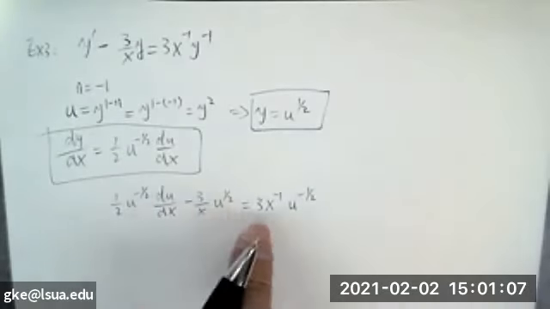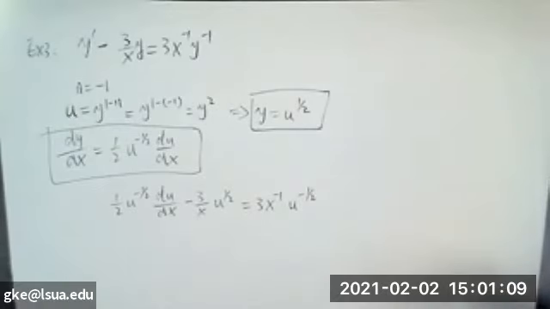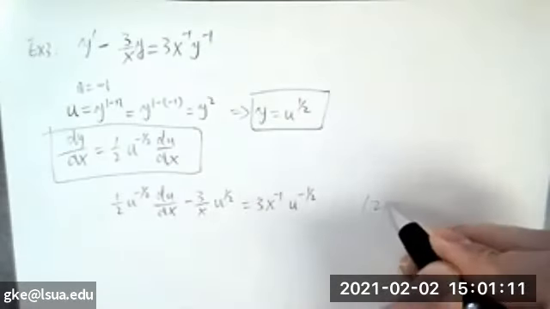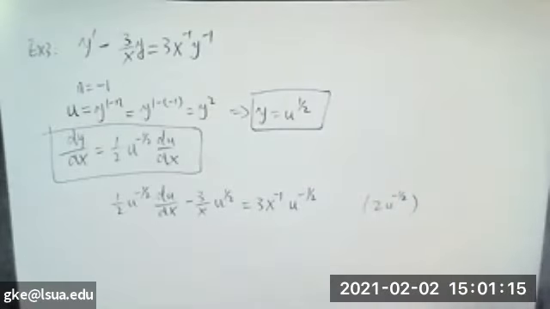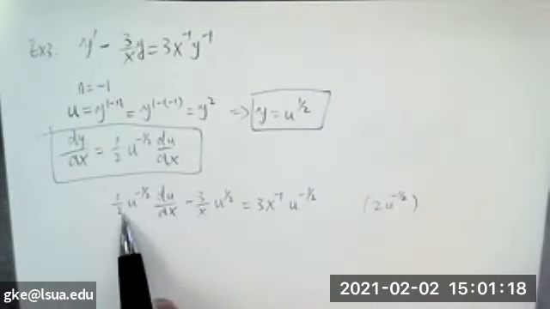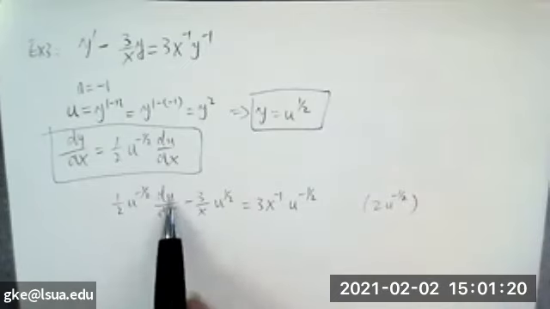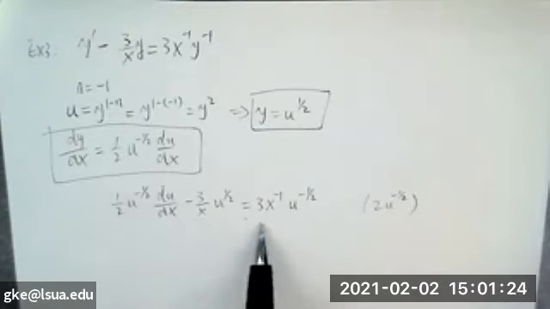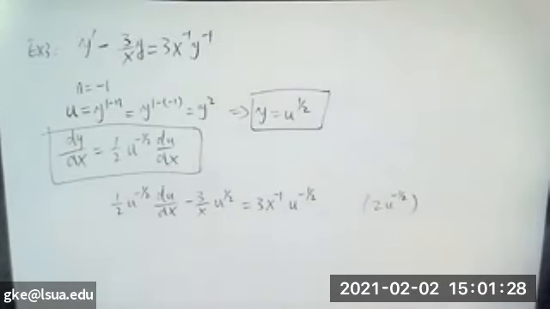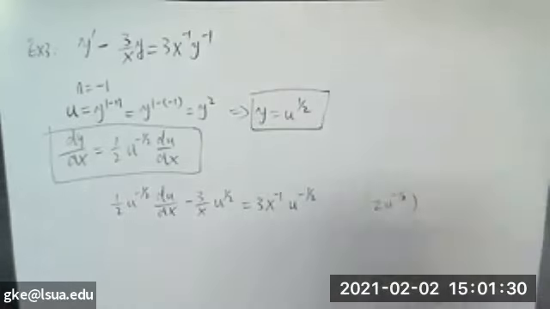So after you got this one, what are you gonna do? Times u to the power 1/2 for both sides, because when we want to cancel this 2, we always want to keep this coefficient with 1, right? Then we can transform that guy to the standard form, and then we can use the formula.